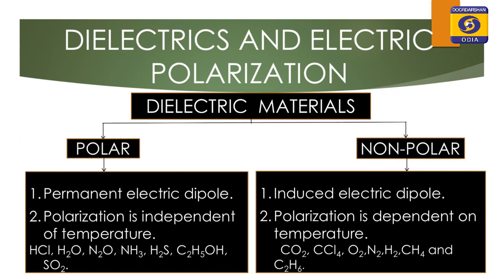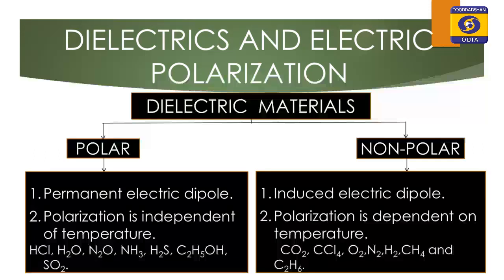If we think about a water molecule, the angle between the hydrogen bonds is 104 degrees 5 minutes, and therefore, the positive charge center is different from the negative charge center. So, it is a polar molecule.